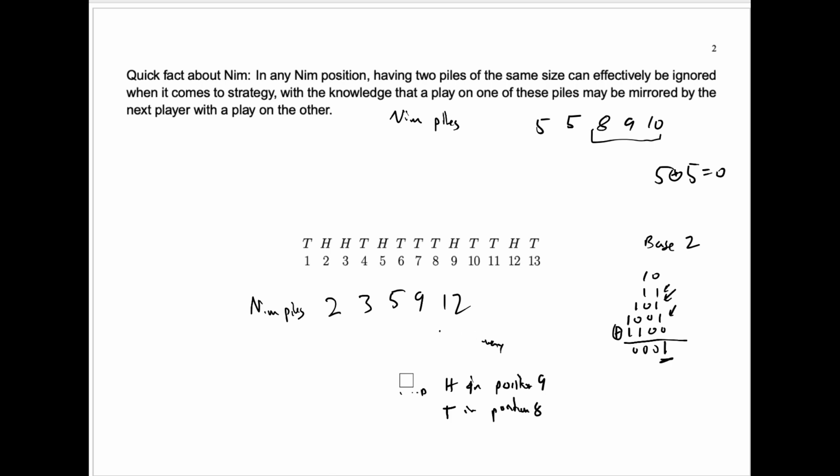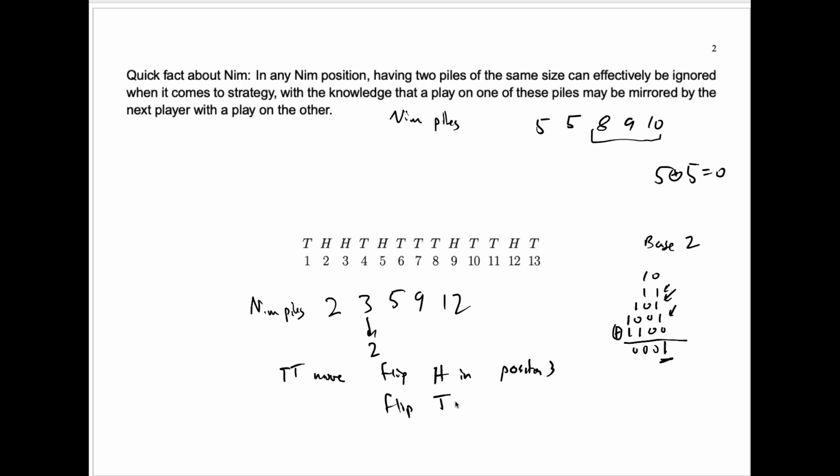What if instead of that, you wanted to take 1 away from the 3 pile? Because that's also a winning move in nim. Well, taking 1 away from the 3 pile, moving that 3 down to a 2 in nim, the turning turtle move would be to flip the H in position 3, and then flip the T in position 2.